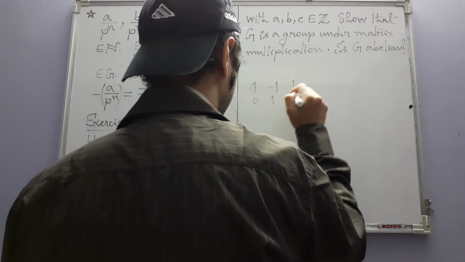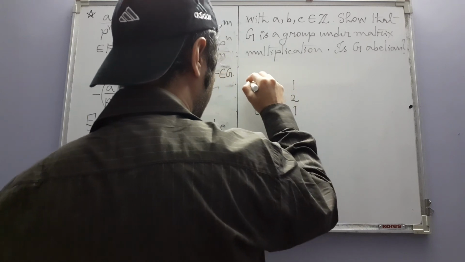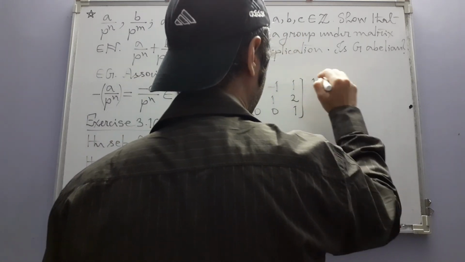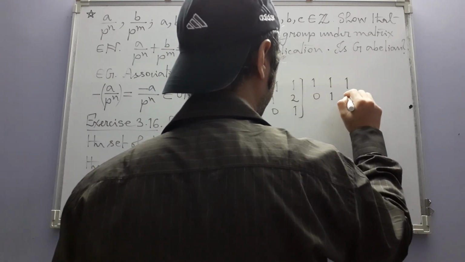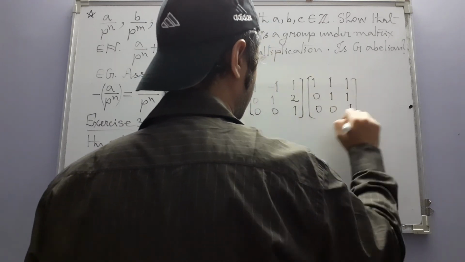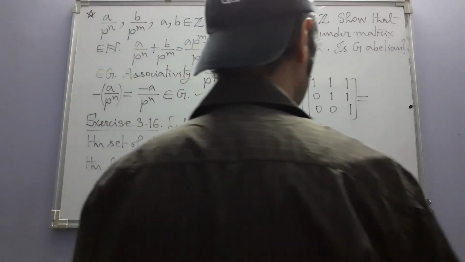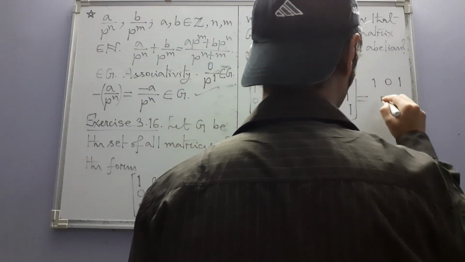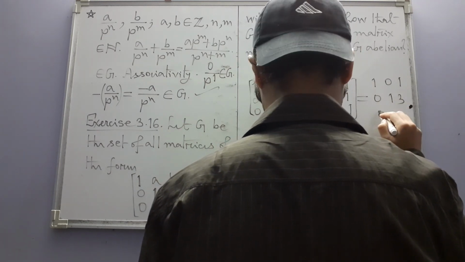They do not commute. 0, 0, 1, 1, 1, 1, 0, 1, 1, 0, 0, 1. If I calculate this, you will see that you get this.